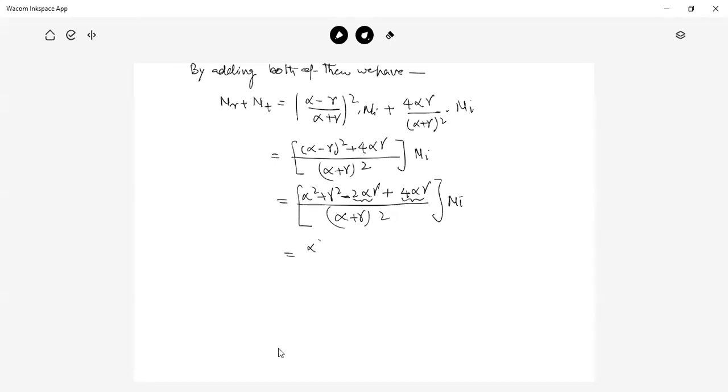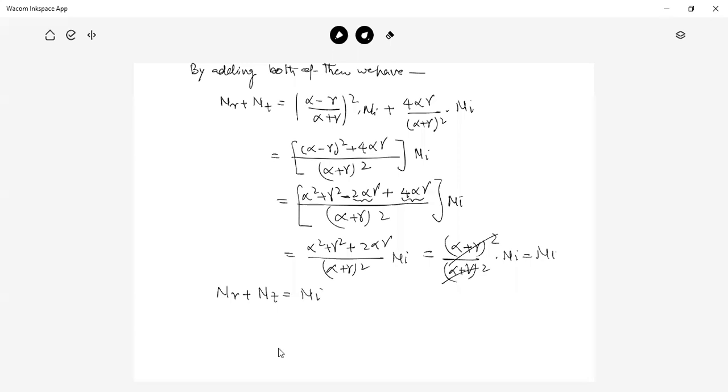So this is alpha square plus gamma square plus 2 alpha gamma upon alpha plus gamma whole square, and this is alpha plus gamma whole square upon alpha plus gamma whole square into Ni, that is Ni. This cancels. So we find Nr plus Nt is equal to Ni.